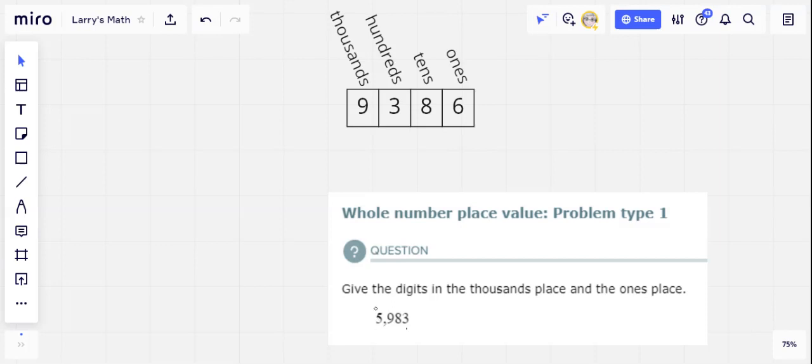So we know this fourth one over here, fourth from the right going over to the left, is the thousands. So that's 5. And the ones place is this first one that you would write. So that's a 3. So the answer to give the digits in the thousands place and the ones place would be 5 and 3. So that is a little bit of work with place value.